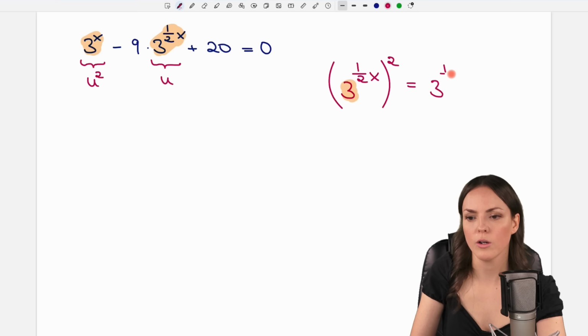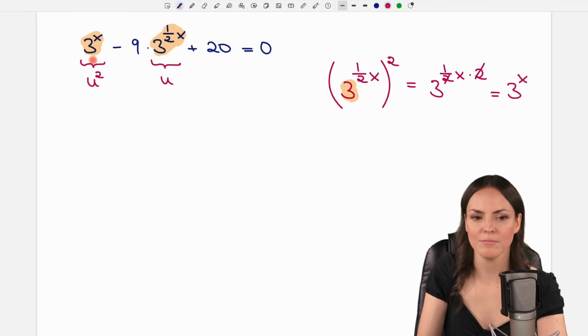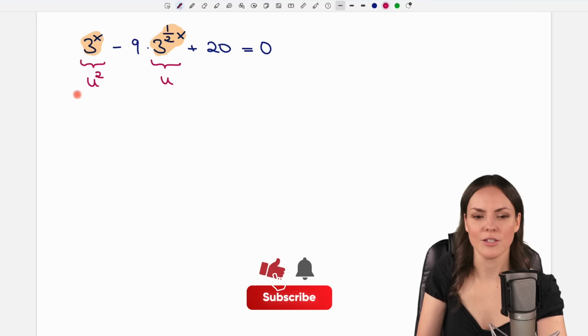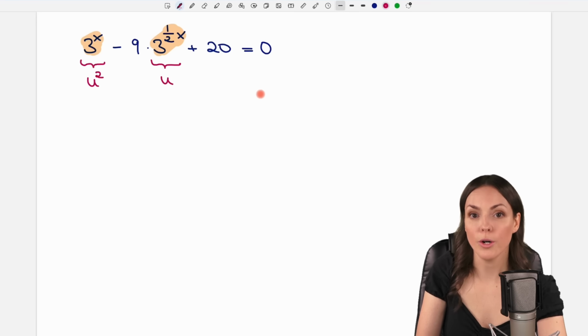So we have 1 over 2x and multiply it by 2. And then we see that the 2 cancels out here. We have 3 as a base, and our exponent is just the x. So we've just seen, okay, that's the result here if we square our U. So the things work, the connection is great between our expressions, and the substitution works.